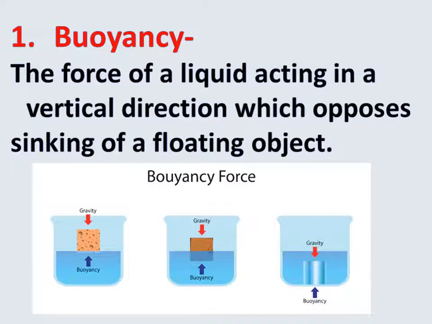Number one, buoyancy. What does the word buoyancy mean? The force of a liquid acting in the vertical direction. Now, children, you can see here the vertical arrows are given, which oppose sinking of a floating object. This is the buoyancy force.